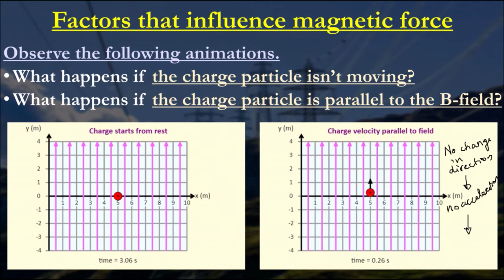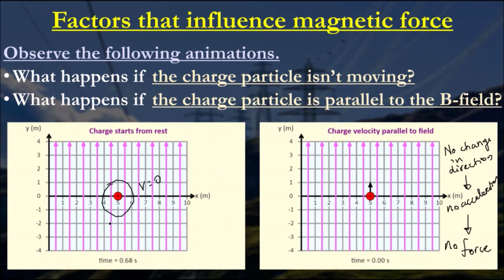And by that, we have no force acting on our charged particle. So in this scenario here, the charged particle doesn't have a force acting on it. So no magnetic force. On this side here, when we have a zero velocity, we can also see the position or the motion of the charged particle hasn't changed.